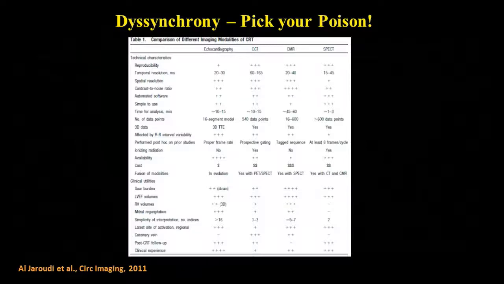And importantly, radionuclide imaging gives us information on scar burden and left ventricular volumes at the same time, which echocardiography does not. CT can to some extent, MR can for sure, but again, the application of CT and MRI in terms of assessing dyssynchrony is fairly limited.